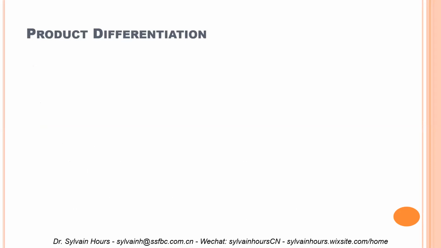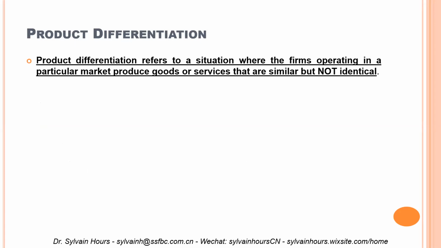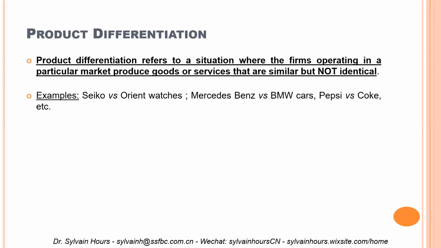What can we say about product differentiation, which is the third piece of information that we have to give about the market when we describe it? What is it? Product differentiation is simply a situation where the businesses in a market sell products that are similar but not identical. Careful.